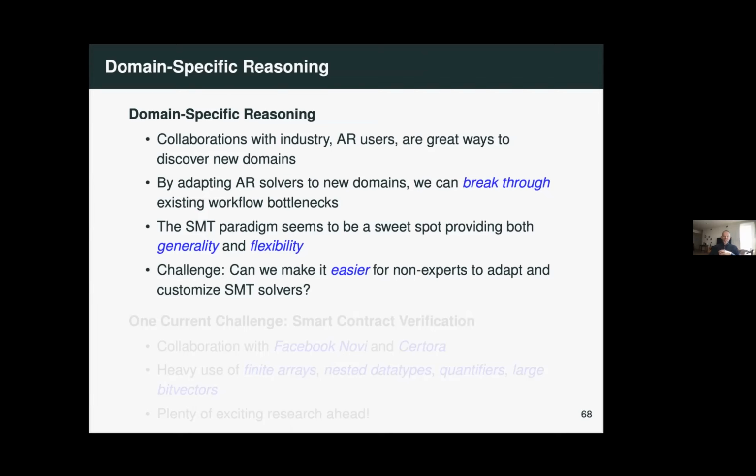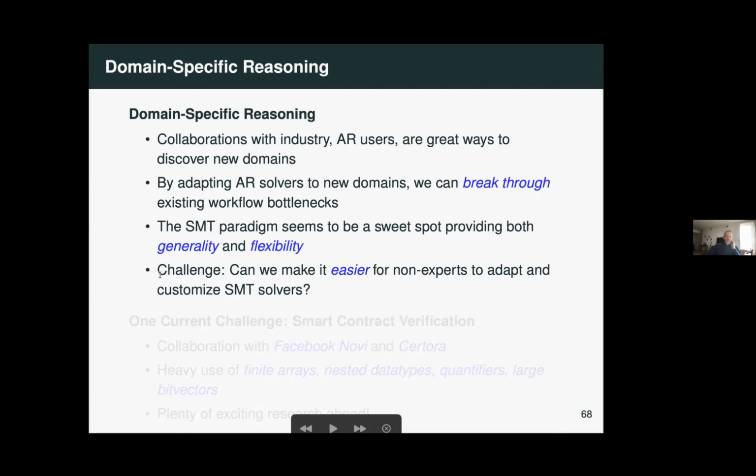And this SMT paradigm really seems to be a sweet spot because it provides both generality and flexibility. Generality meaning you develop a solver for one domain and it works in other domains. And flexibility meaning it's relatively easy to extend the solver. We know how to do it.